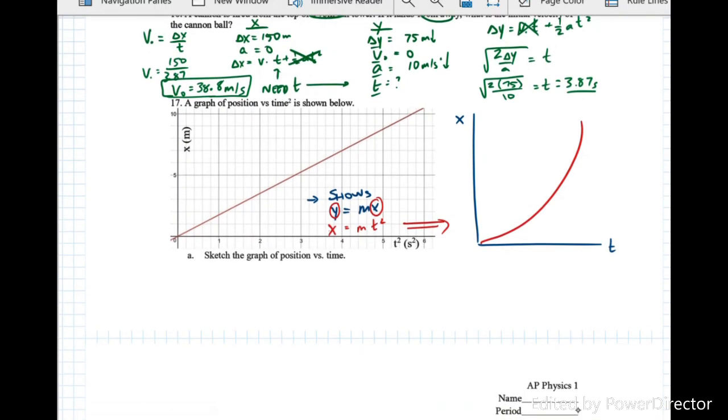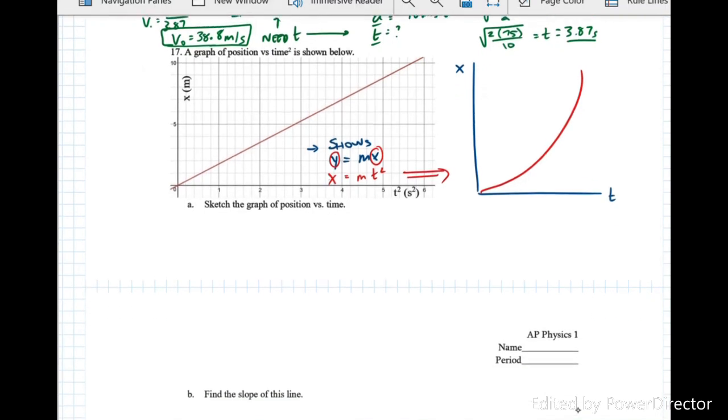Next, we want to find the slope of the line. So to get the slope of the line, I need 2 points on my line. I'm going to choose the origin. I'm going to choose this point up here. The origin is 0, 0. That point up there, 4, 7.